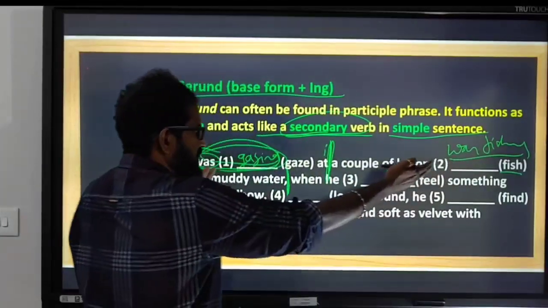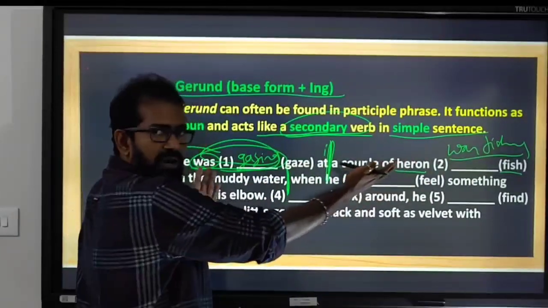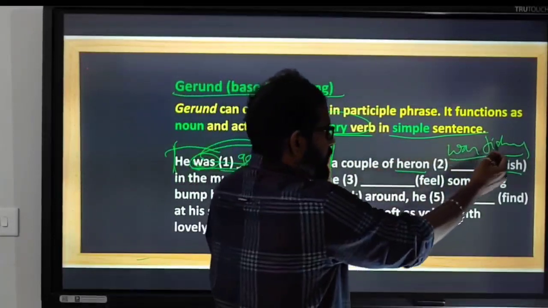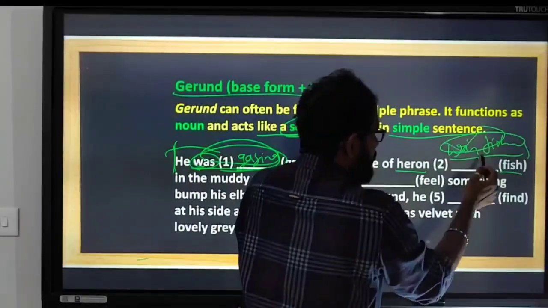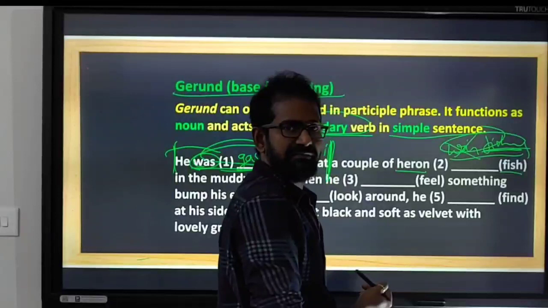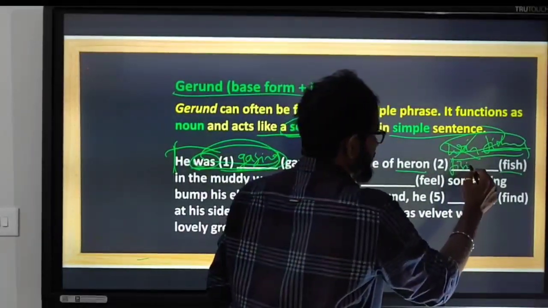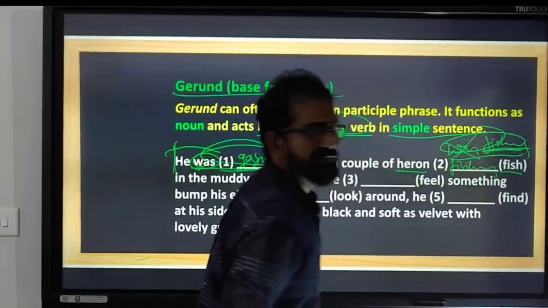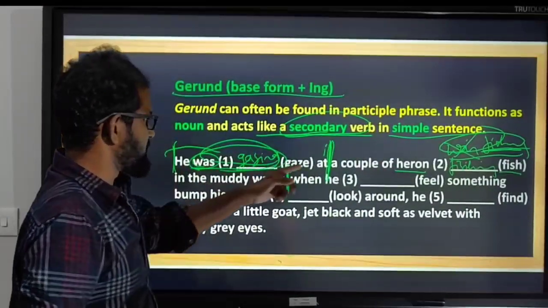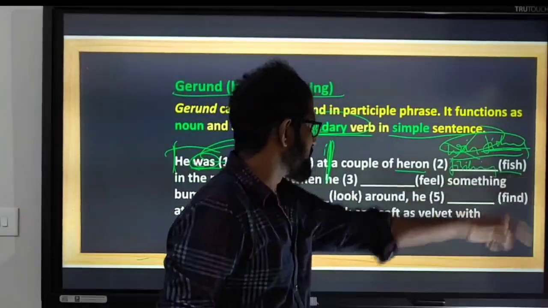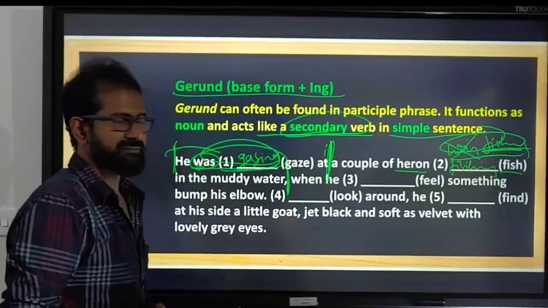We want only one simple sentence. It is mixed and joined, synthesized. So we don't want a main verb here. You just go with only fishing. A couple of heron fishing. I was gazing at a couple of heron fishing in the muddy water.